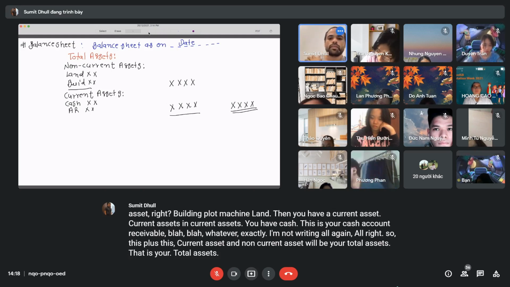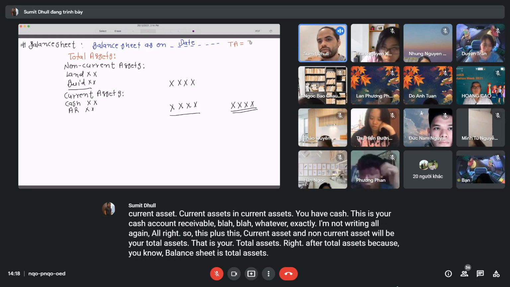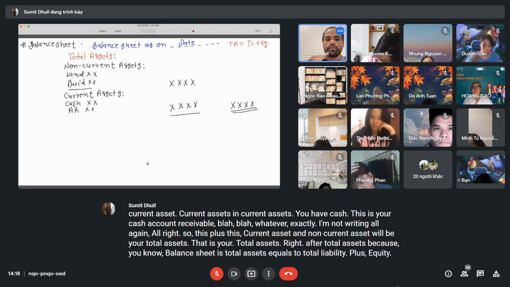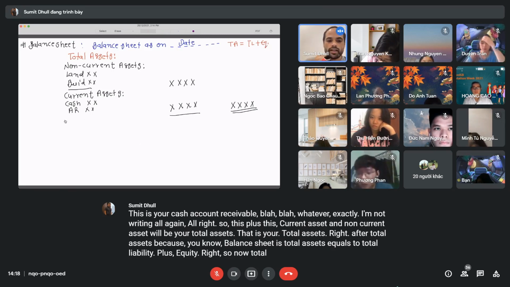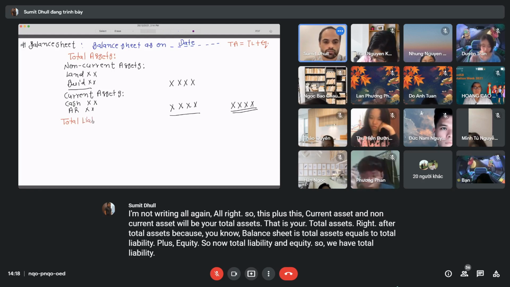All right. After total assets, because you know balance sheet is total assets equals to total liability plus equity. So now total liability and equity.